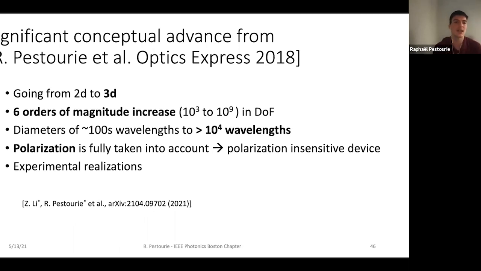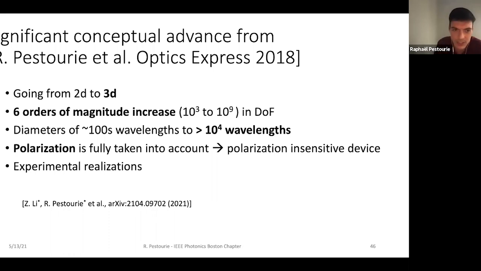It's huge, and the diameter went from hundreds of wavelengths for a 2D design to more than 10,000 wavelengths. We also had to take polarization into account. That's also something fundamentally different. And 3 years ago, it was test problems, which were nice and very encouraging, but here we have real experimental realization.